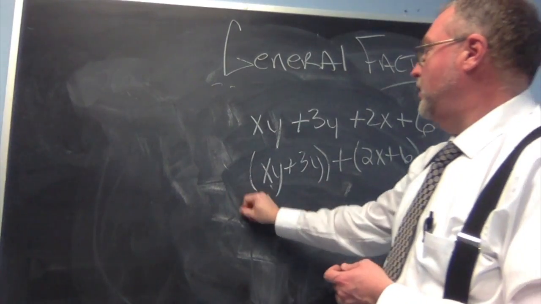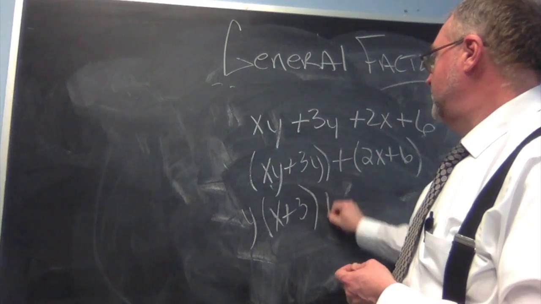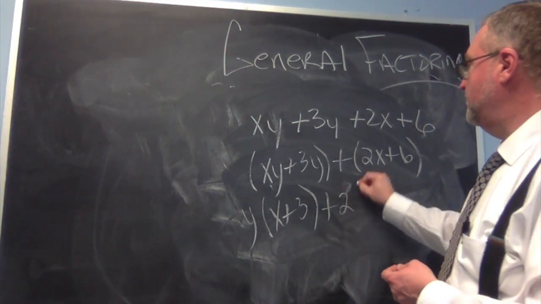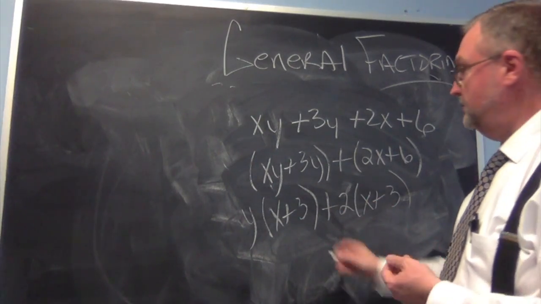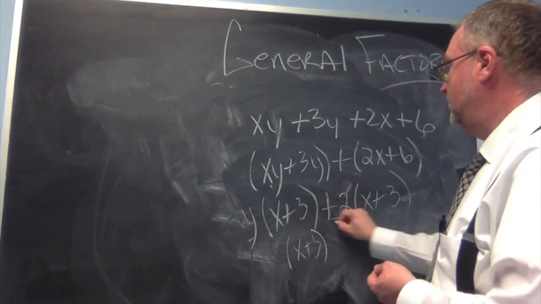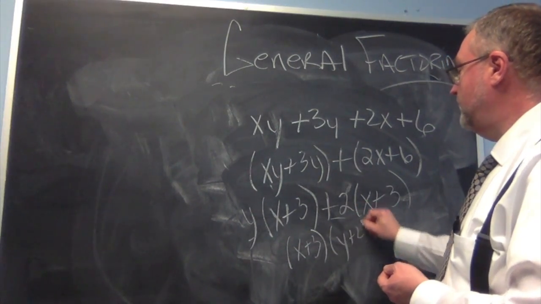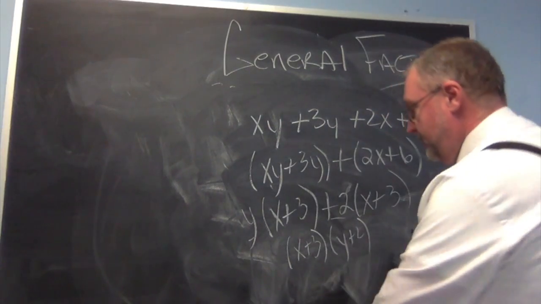I'm going to factor out my y, which leaves me with x plus 3. Plus, factor out my 2, which leaves me x plus 3. What's common between these two? My x plus 3, which leaves me with y plus 2. All right, so if you see that one, you'll be able to handle that.